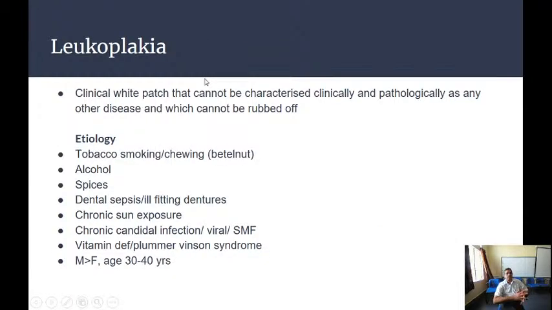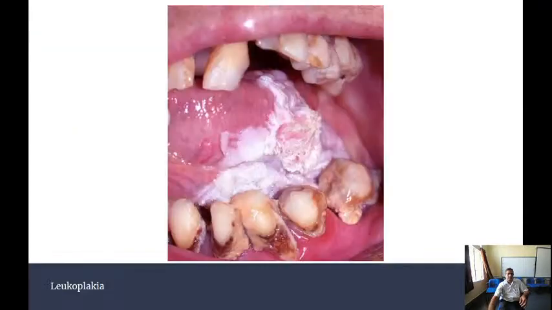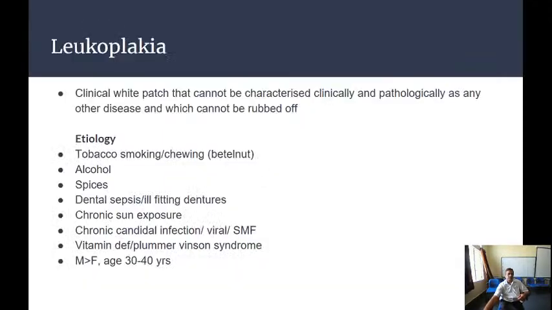Then we go to a condition called leukoplakia, where once again it's the oral cavity. There is a white patch that appears, which cannot be removed or taken out. The causes are wide etiological factors: the tobacco, spices, dental sepsis.